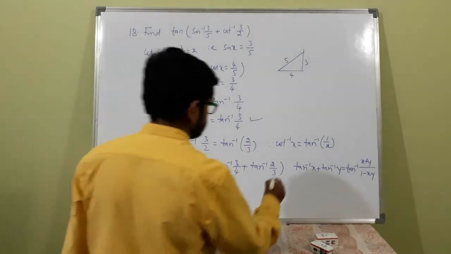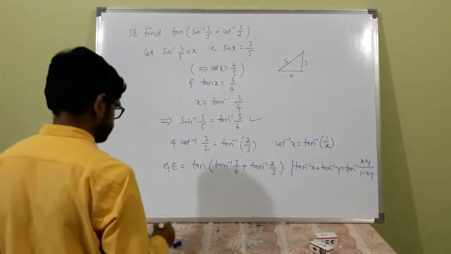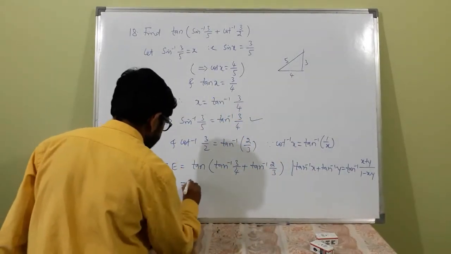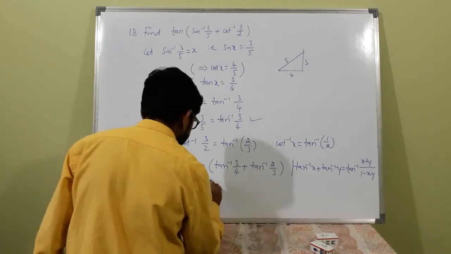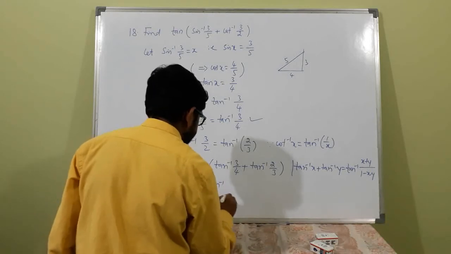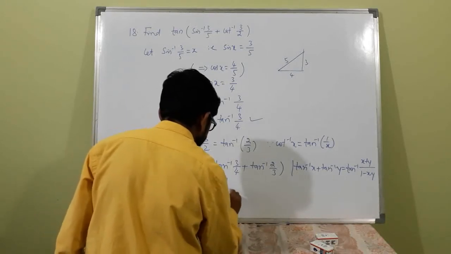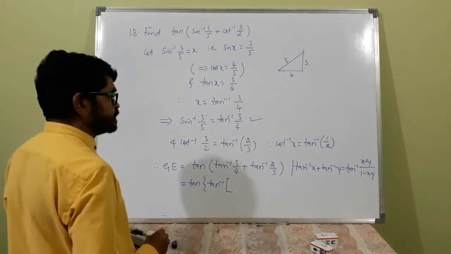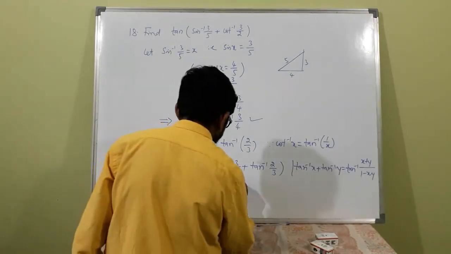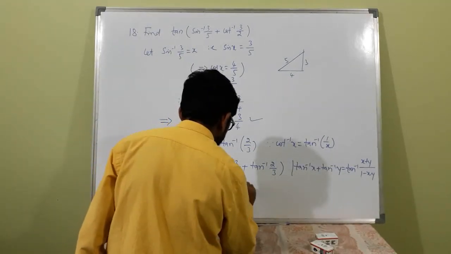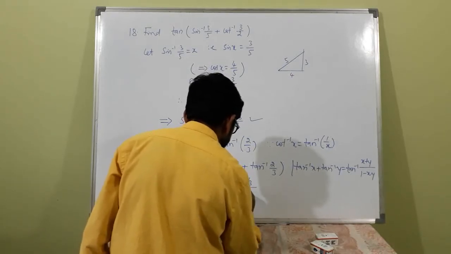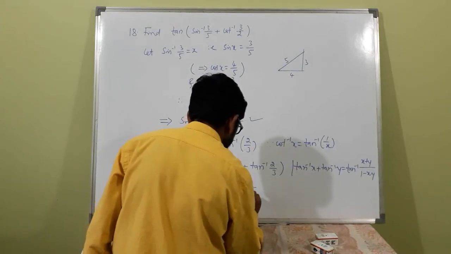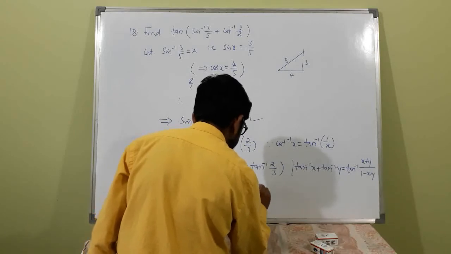This result you have to use here. This implies tan inverse of x plus y, 3 by 4 plus 2 by 3, over 1 minus 3 by 4 into 2 by 3.